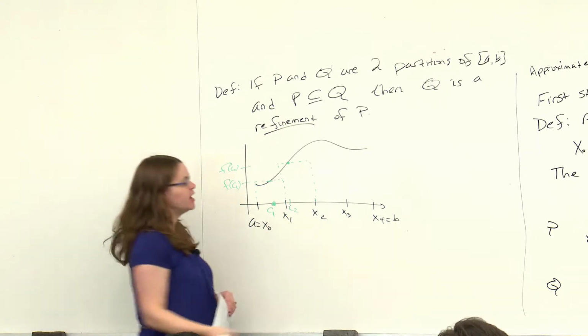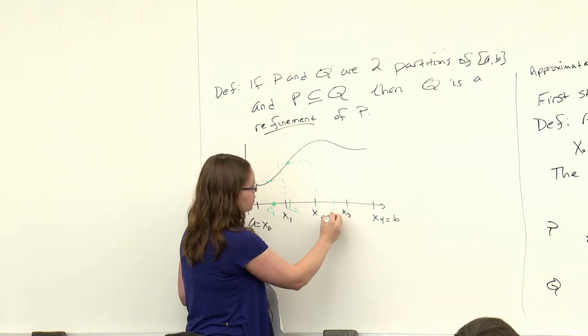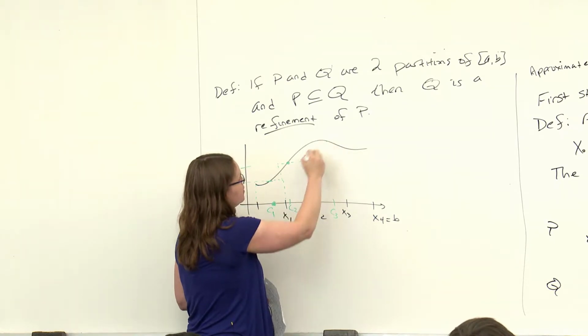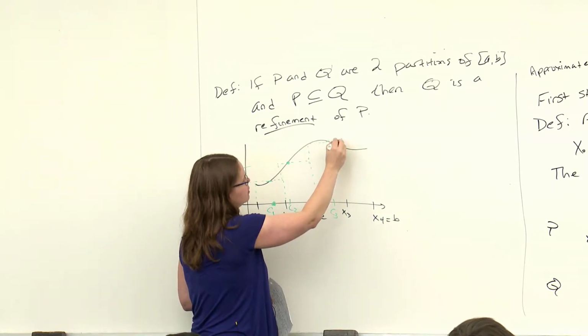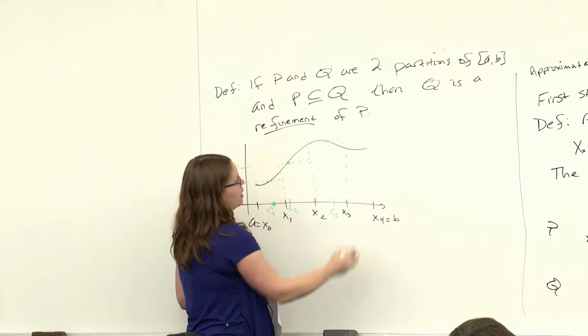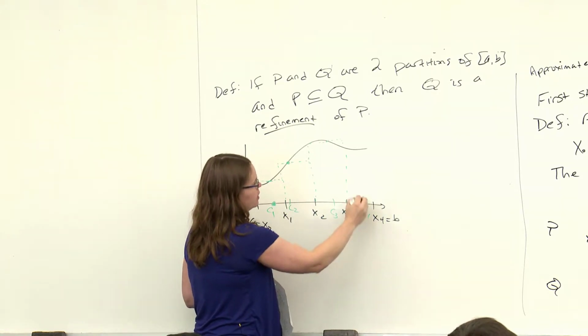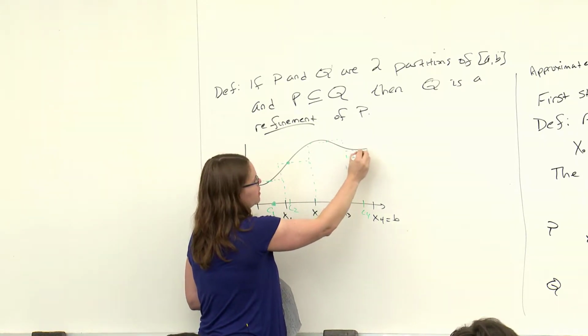Okay, and do the same thing in every other subinterval. So I pick a c3, climb up to here. That becomes the height of my rectangle. And I pick a c4, and that becomes the height of my rectangle.